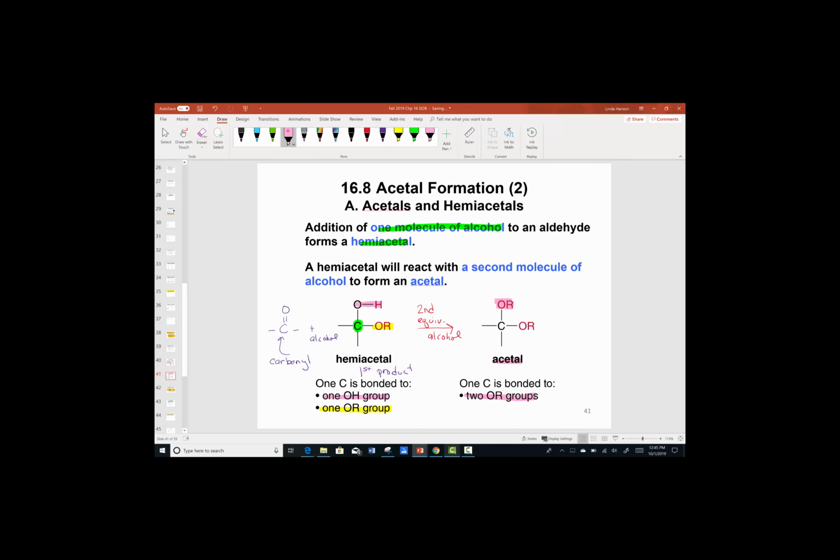Two groups of OR surround that original carbonyl carbon. So this is the original carbon that was an acetone or a ketone, and it's now been converted all the way to an acetal group. So just think of this as step 1, step 2, going from a carbonyl all the way to an acetal group.